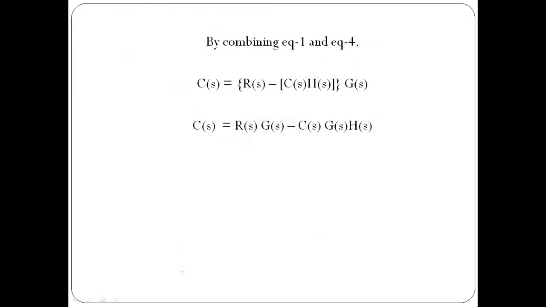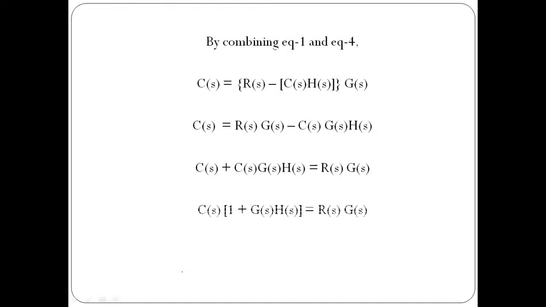Now we need to reshuffle, club, take common terms on the same side, and ultimately find the relationship between output by input, in the form of a ratio. So if you solve this equation one by one, step by step, you will get this as an output.